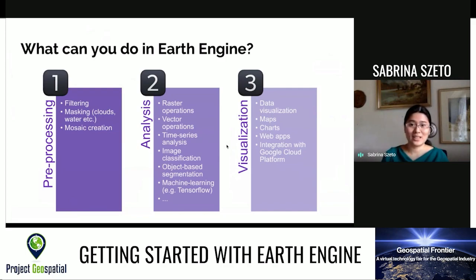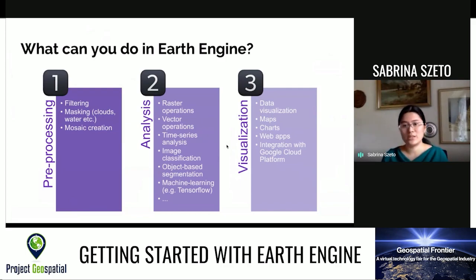The nice thing about Earth Engine is that you're able to do a lot of the image pre-processing in the cloud without having to download large amounts of data. So you can do filtering, masking, creating mosaics. And then when it's time to do some kind of analysis, for example, perhaps you're interested in calculating certain land covers based on some classified land cover, or you're interested in doing some vector operations, creating buffers around streams, you can do that in Earth Engine as well.